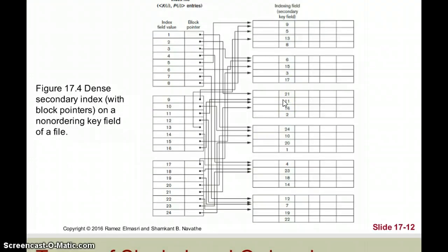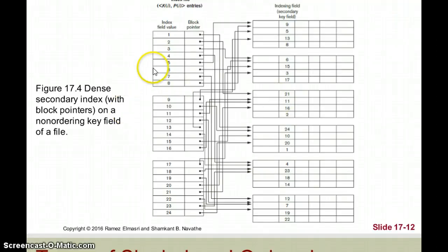A secondary index provides a secondary means of accessing a file for which some primary access already exists. The secondary index may be on a field which is a candidate key and has a unique value for every record, or a non-key field with duplicate values. The index is an ordered file with two fields.